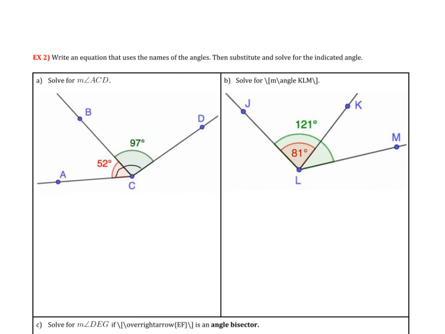Now, because it's the whole angle, it's made up of two other parts. Those two other parts are the 52 degrees and the 97 degrees, and I have to name both of these angles. But let me write down the whole angle first, which was the measure of angle ACD. And to find the whole angle, I'm going to add angle ACB together with angle BCD.